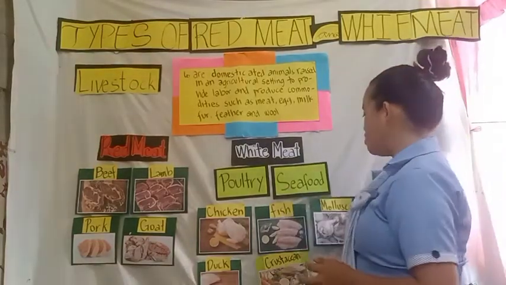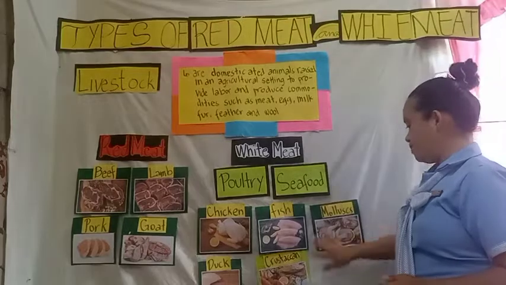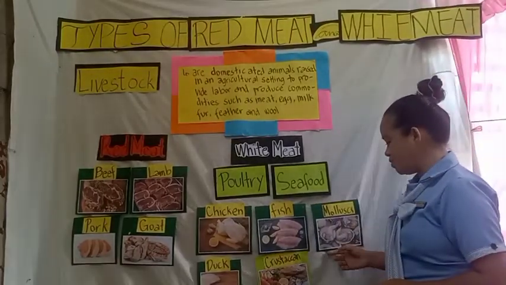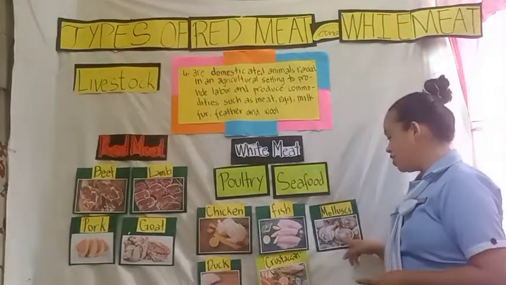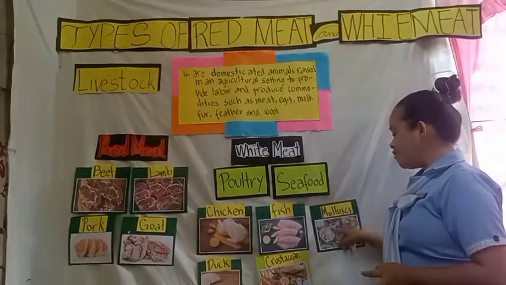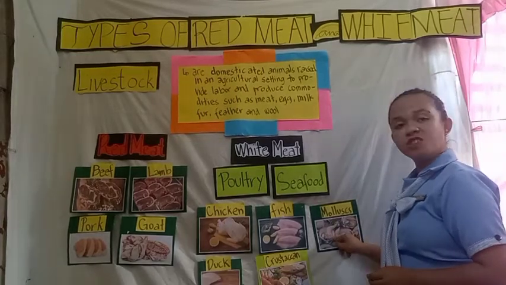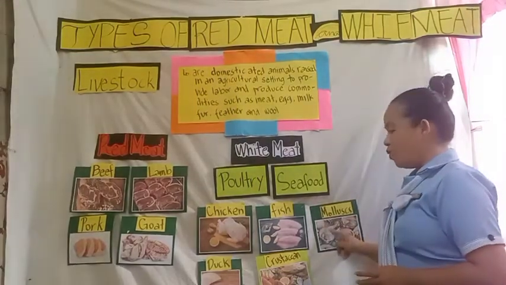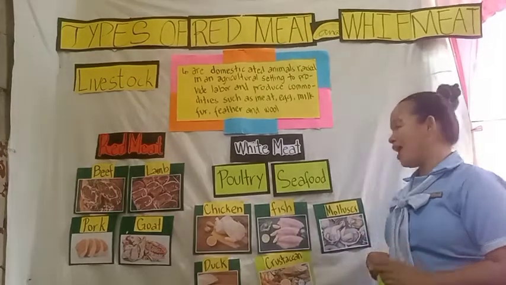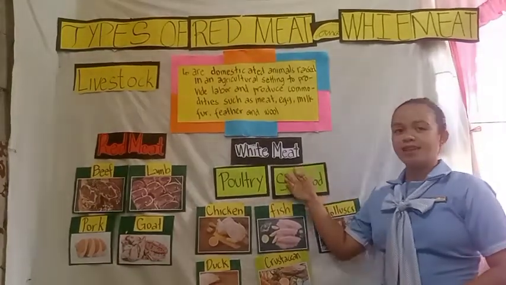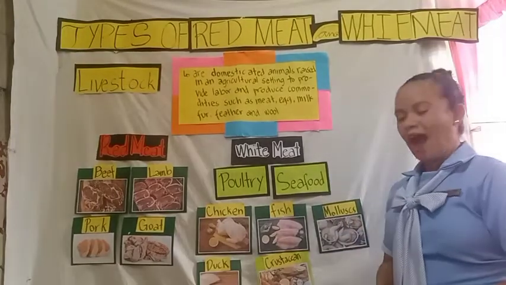The shells or the oysters. This also is very obvious, as we can see here in the picture, the meat of the shells or the clams is color white. So that is the reason why it belongs to the white meat. So, am I clear?